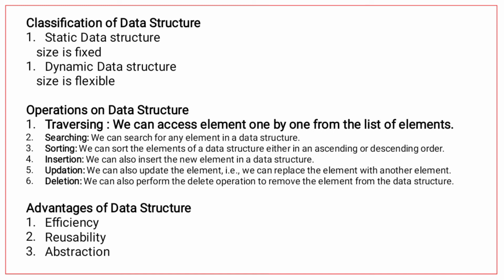This is the first operation of data structure. The second operation is searching. We can search for any element in a data structure. The third operation is sorting. We can sort the elements of a data structure either in ascending or descending order.